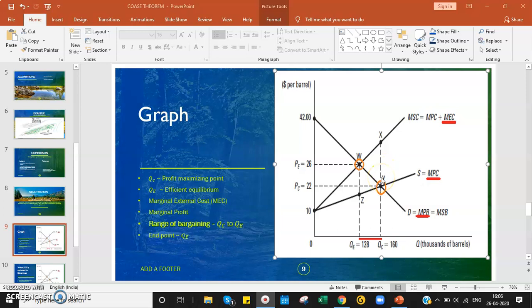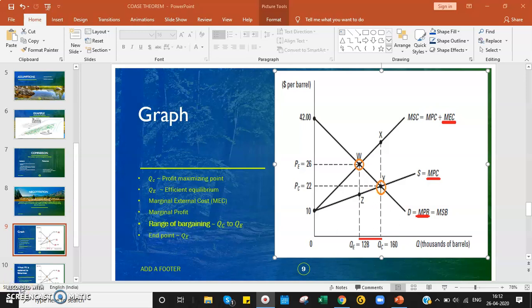Now when the negotiation process starts, we see that in theory the fishermen will be willing to pay as long as the amount of compensation is less than or equivalent to their marginal external cost, and the industry will be willing to accept any amount of compensation which is more than the loss in profit they will be incurring by cutting back their production.